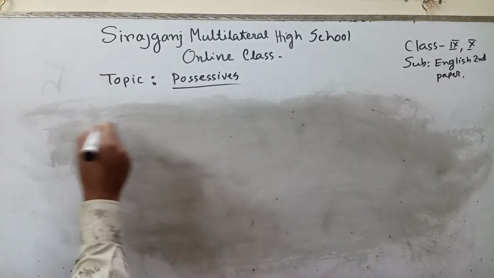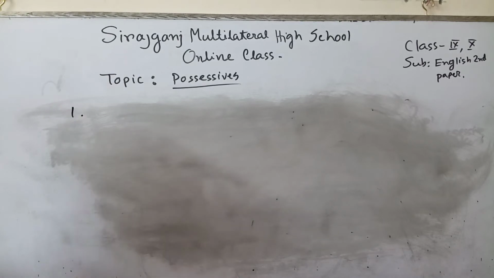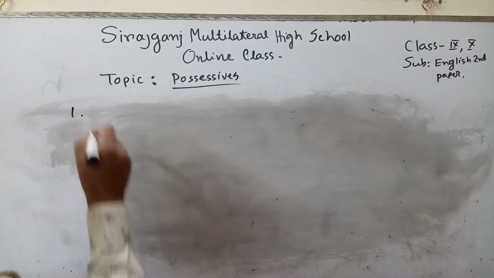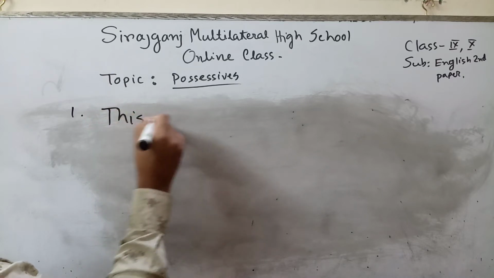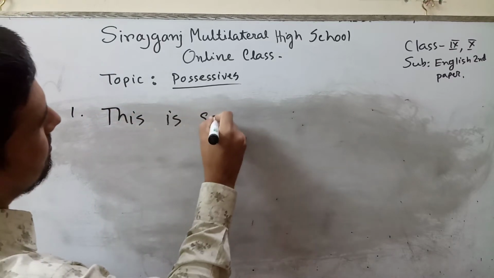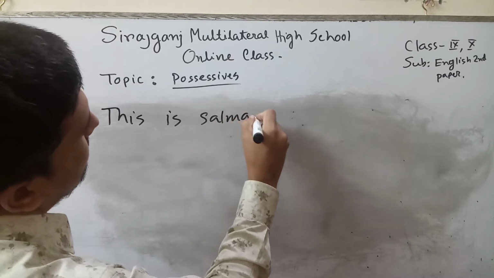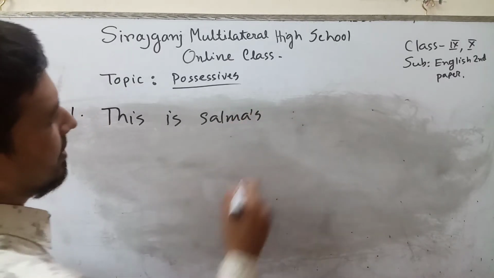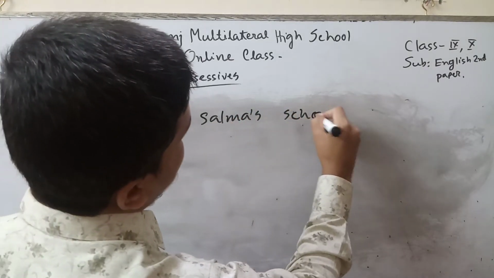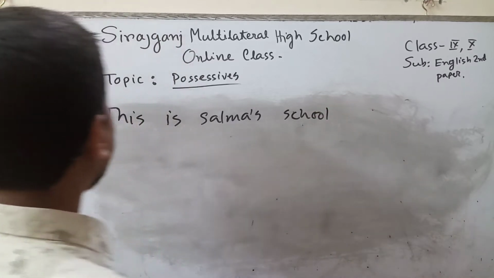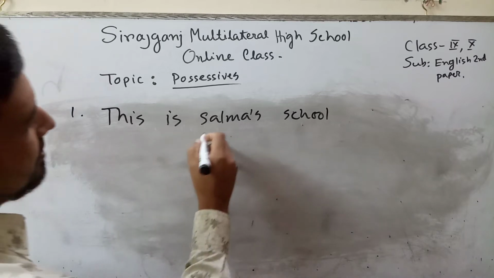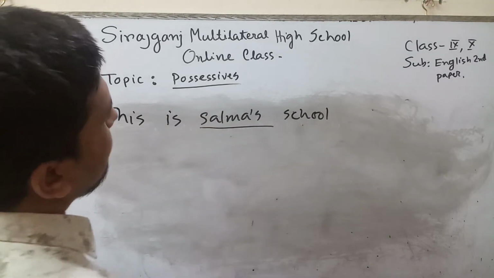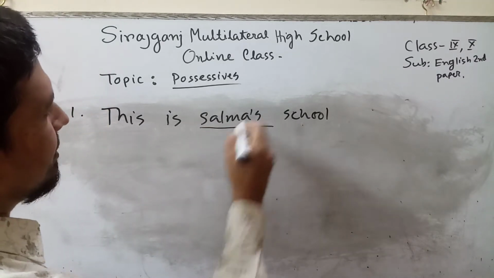Very first, I would like to write some sentences. Suppose, this is Salma's school. In this sentence, this is Salma's school, apostrophe s.